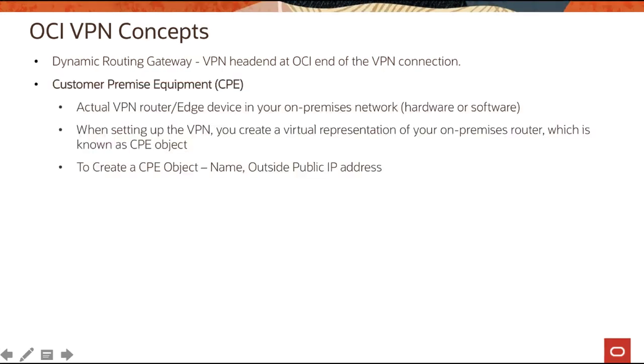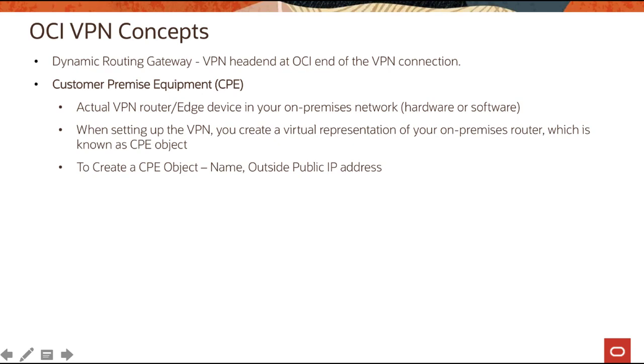The second key object is the customer premises equipment. At your end of the IPsec VPN connection is the actual router in your on-premise network. That is what we call customer premises equipment within the OCI VPN concept. When setting up your VPN, you have to create a virtual representation of that router.